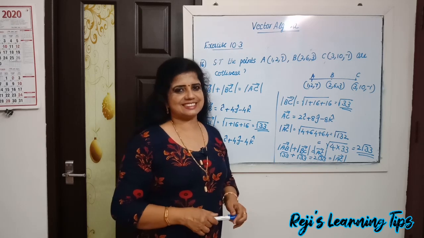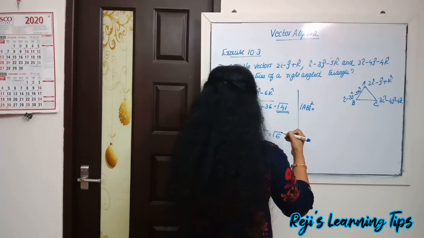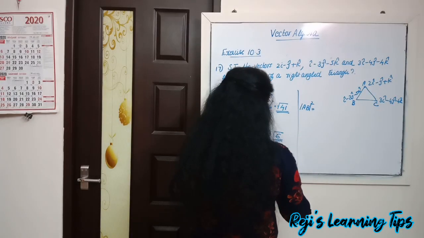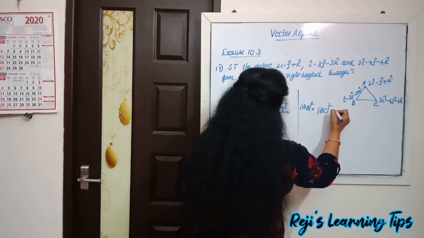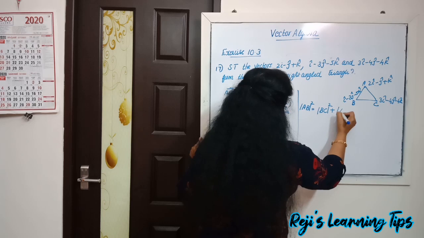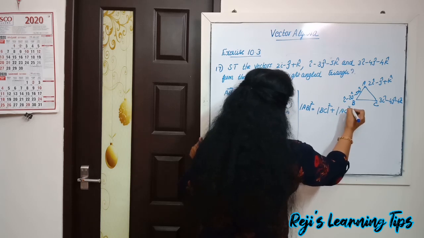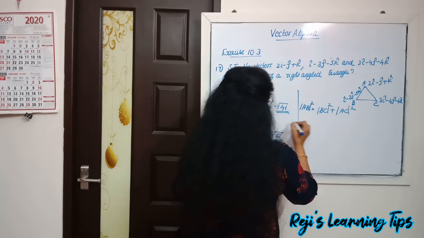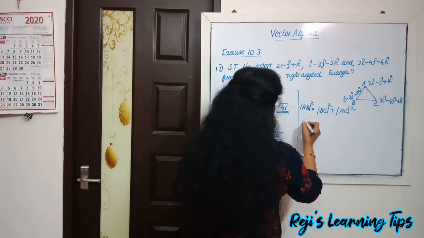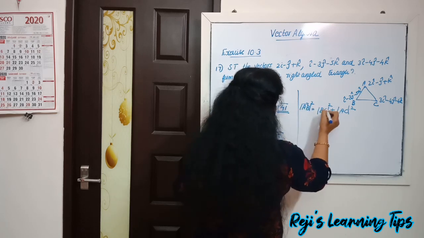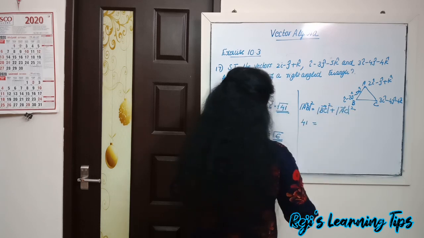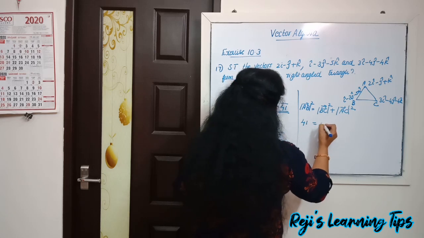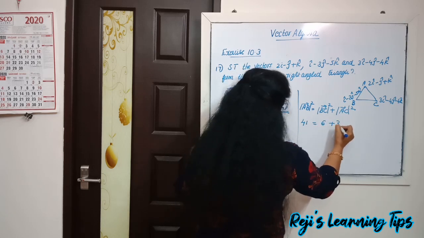Modulus of AB square is equal to modulus of BC square plus modulus of AC square. AB square is 41, which is equal to BC square, that is 6, plus 35.